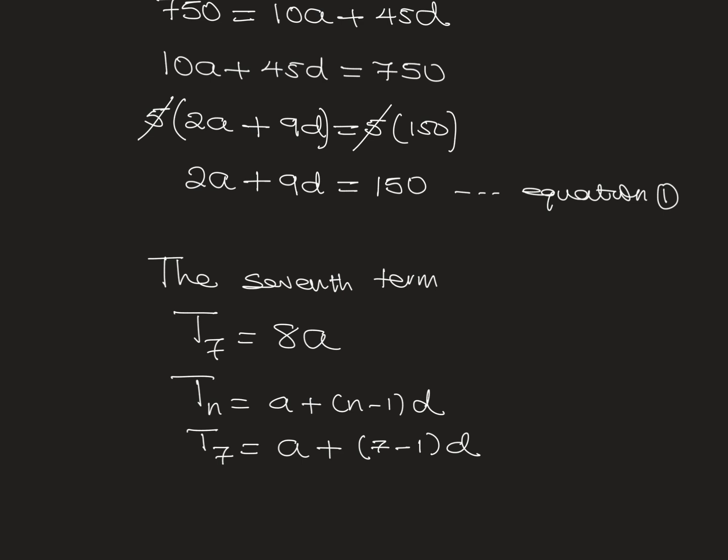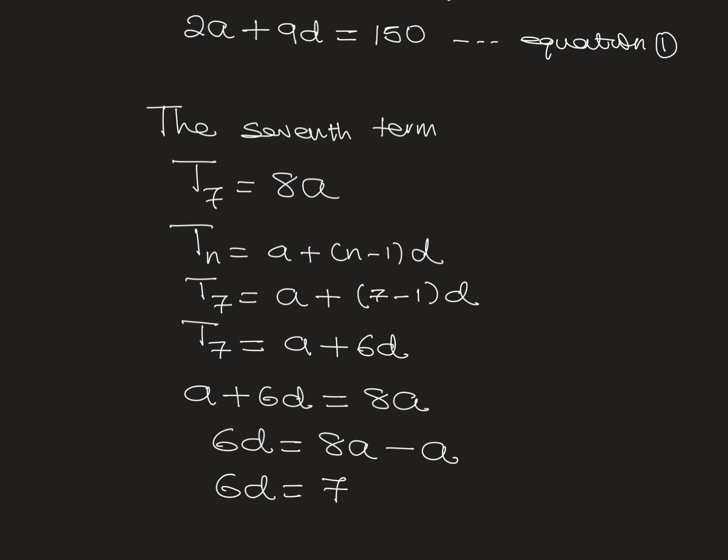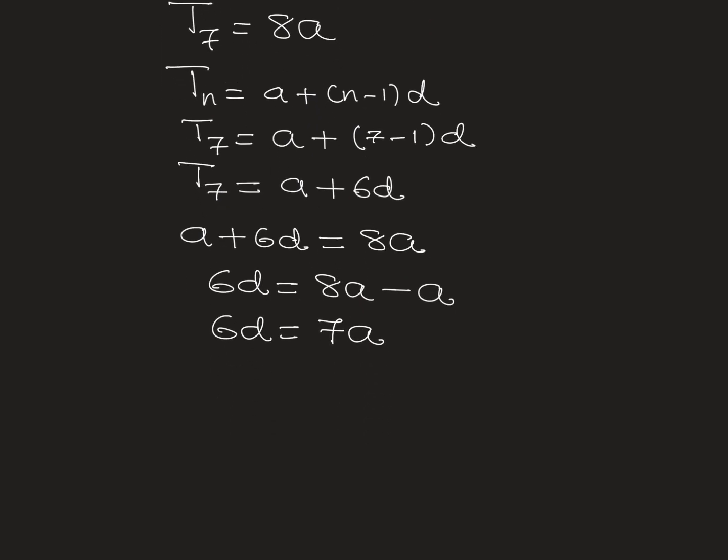So the seventh term is a plus 6d, which means a plus 6d is equal to 8a, because t7 is equal to 8a. So 6d is equal to 8a minus a, so 6d is equal to 7a.